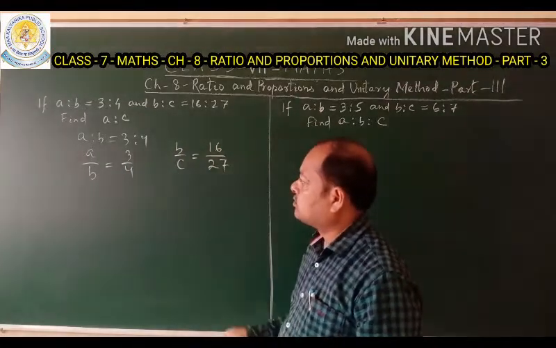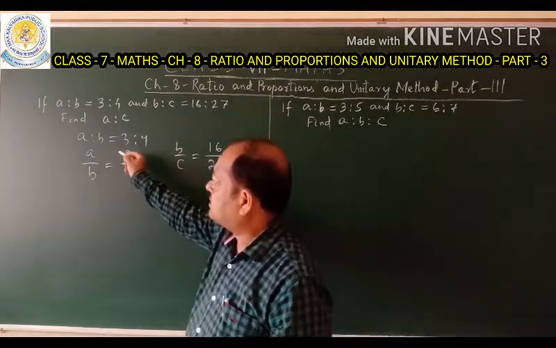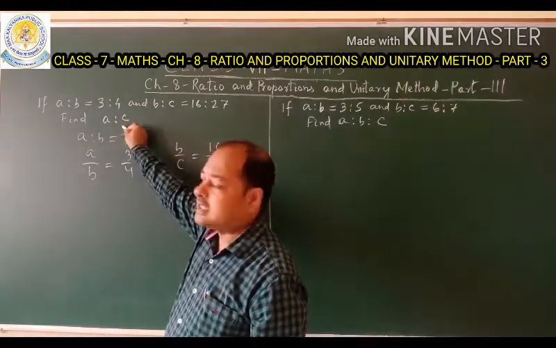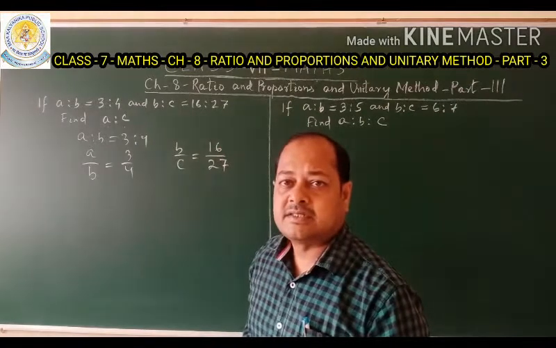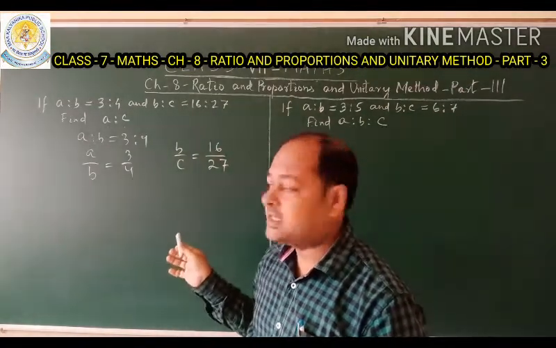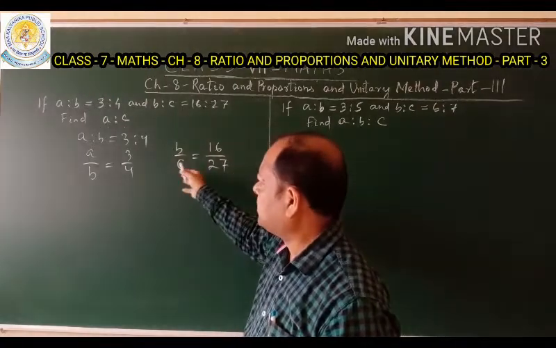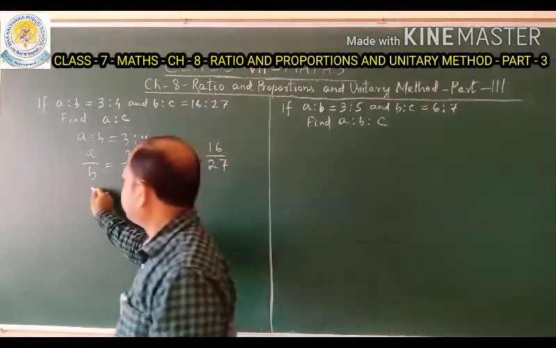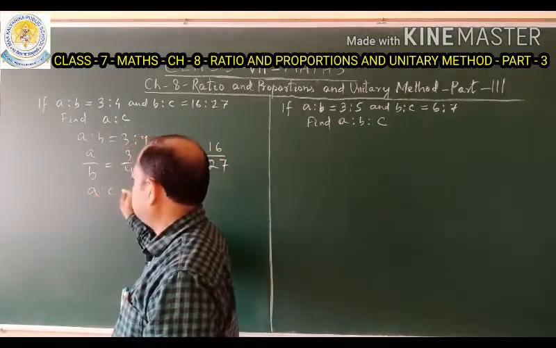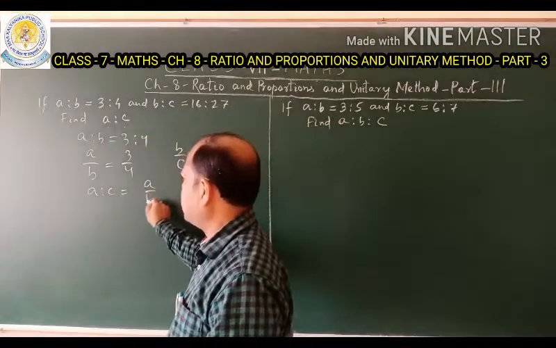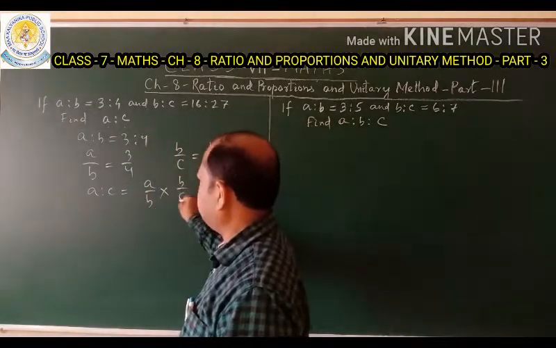Here we have to see that the new ratio is A is to C. B is not present, so we have to cancel the B. If you multiply both the equations, you will get A by C. That means A is to C is the same as A by B into B by C.